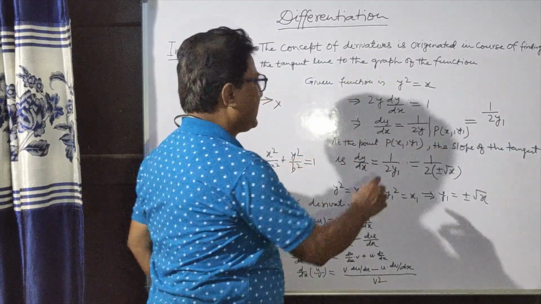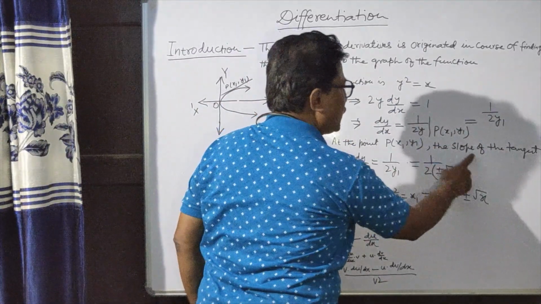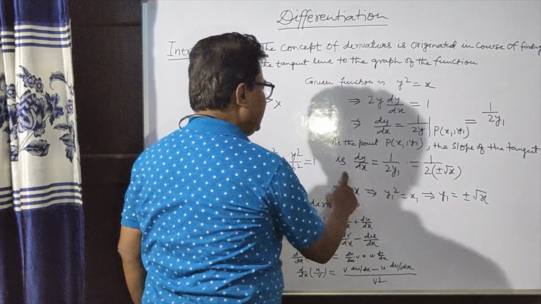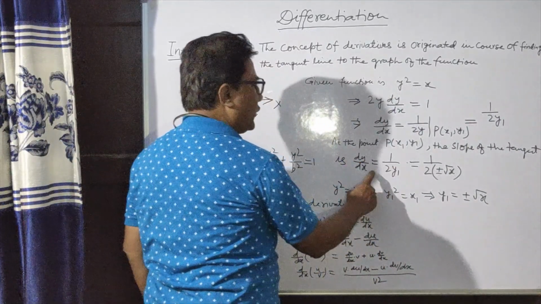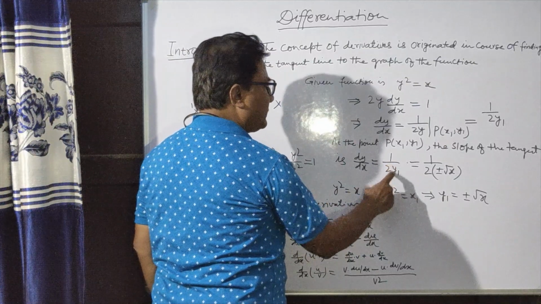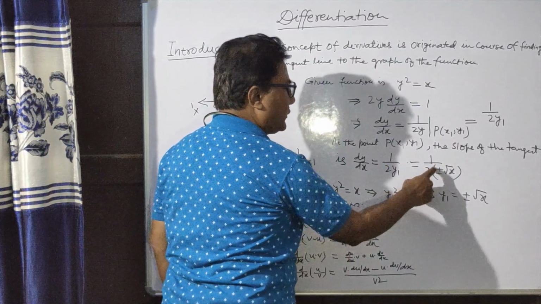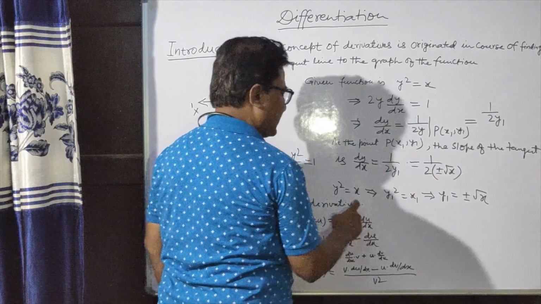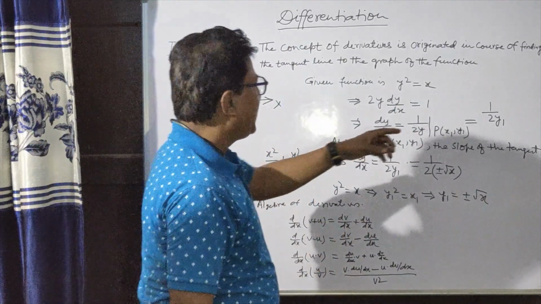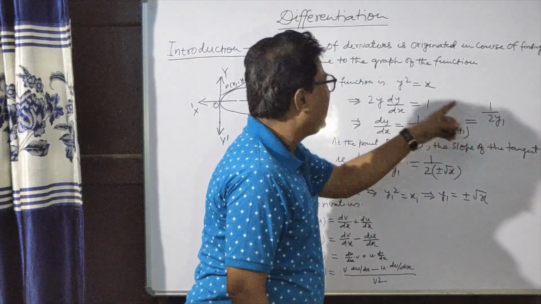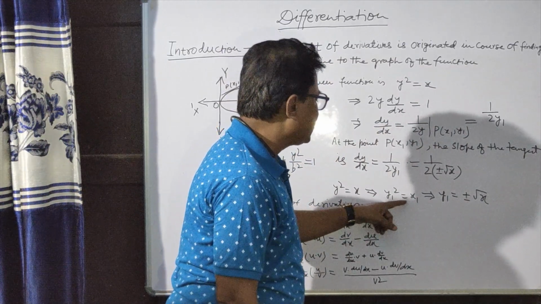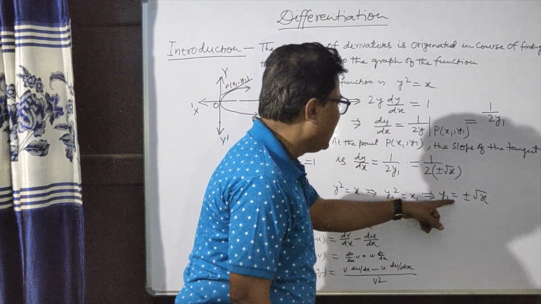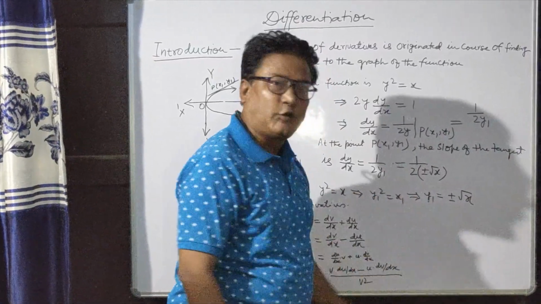At this point P (x1, y1), the slope of the tangent is given by dy/dx, that is equal to 1 by 2y1, which is equal to 1 by 2 plus-minus root x. By putting the values of x1 and y1 in this equation, we get y1 squared equals x1, and y1 equals plus-minus root x.